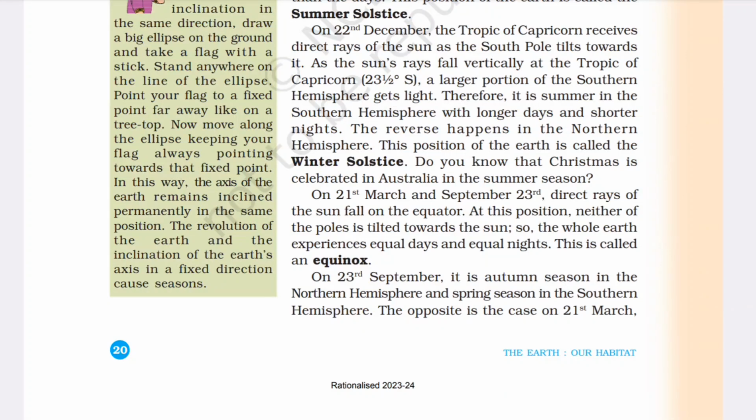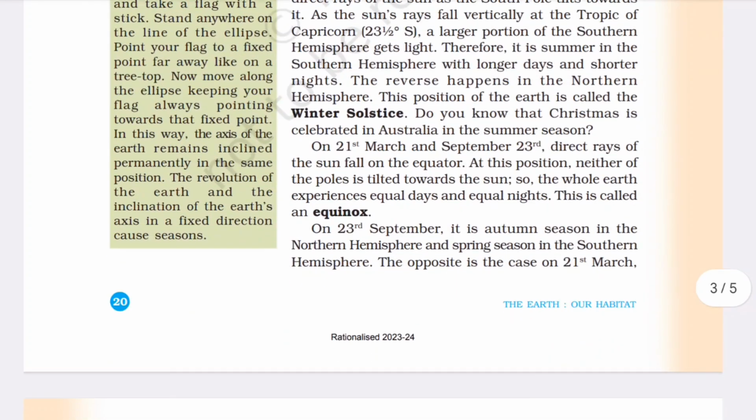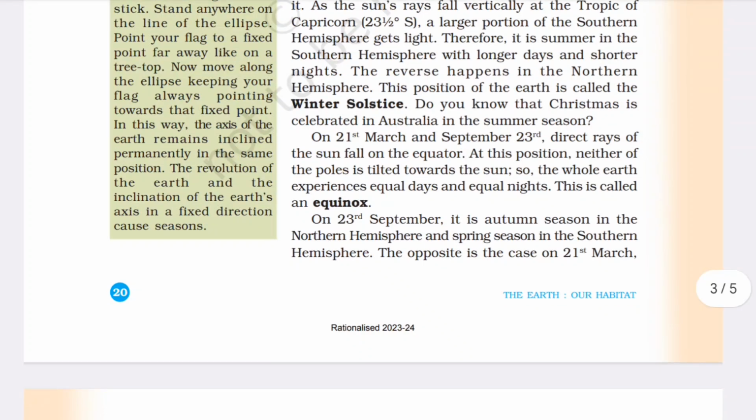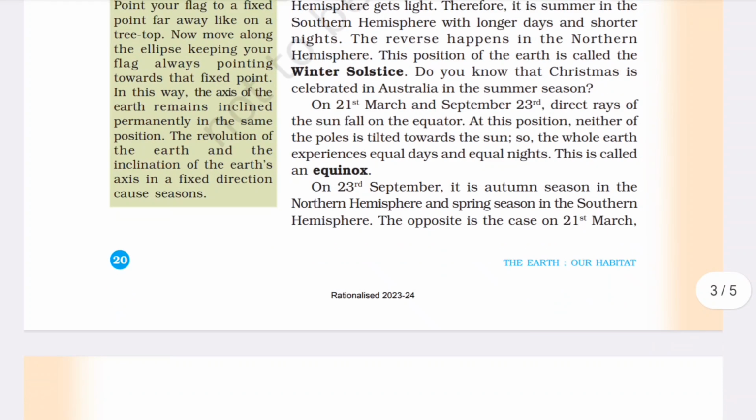On 21st March and 23rd September, direct rays of the sun fall on the equator. At this position, neither of the poles is tilted towards the sun, so the whole earth experiences equal days and equal nights. This is called equinox.